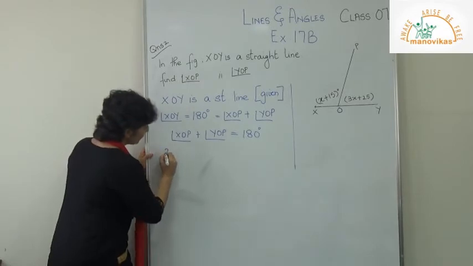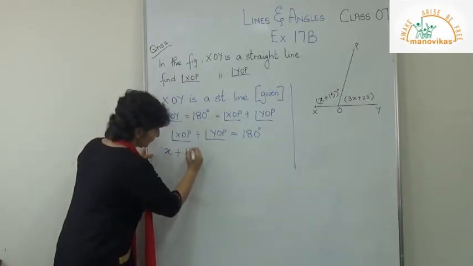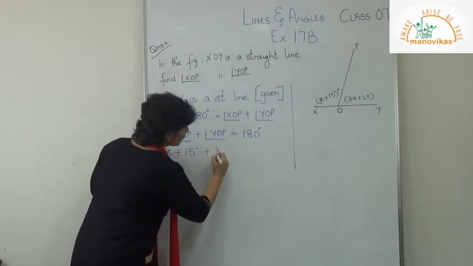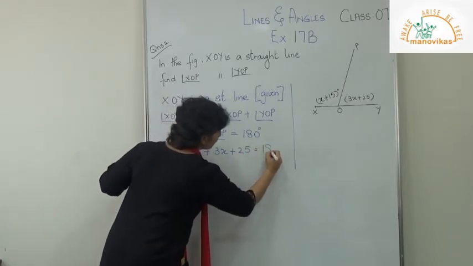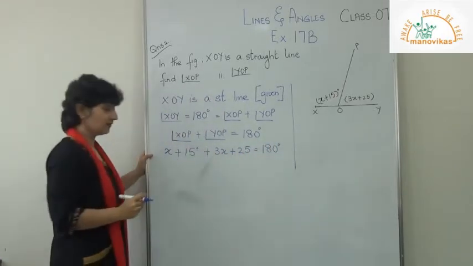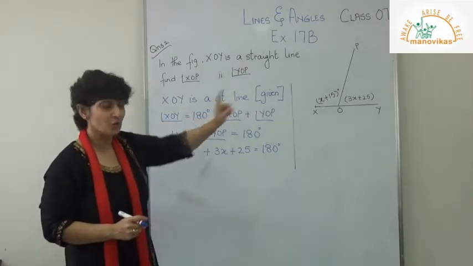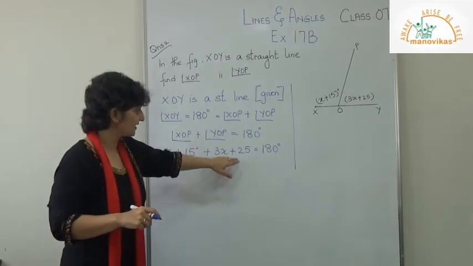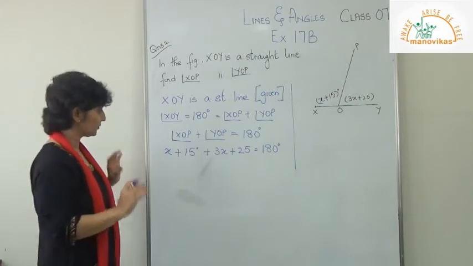There I have, let's write the value. (x plus 15) degrees, the whole thing, plus (3x plus 25) degrees is equal to 180 degrees. Let's read it. I'm writing the value of XOP, that is x plus 15 the whole degrees, plus 3x plus 25 the whole degrees is equal to 180. Let's split.